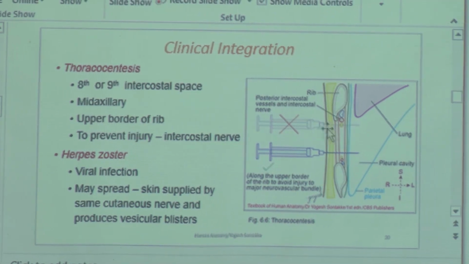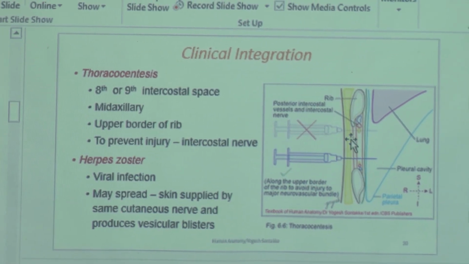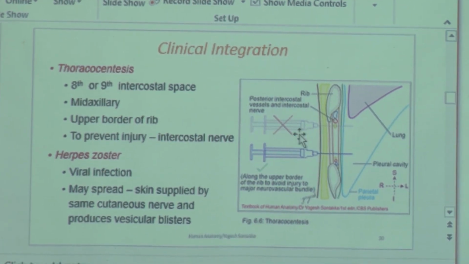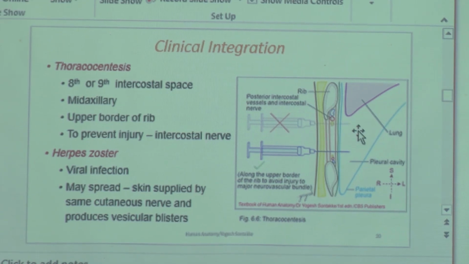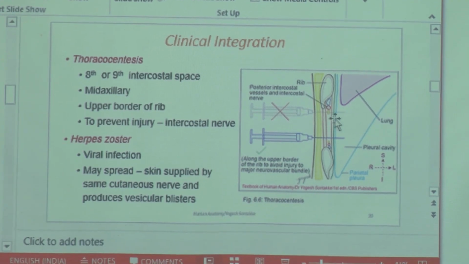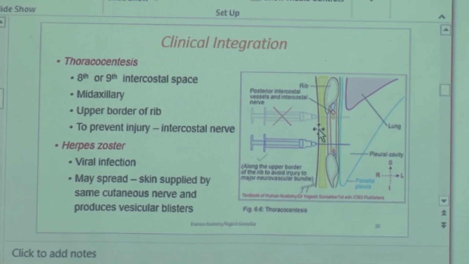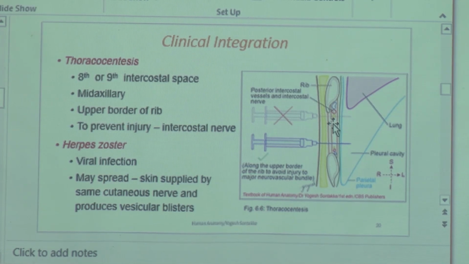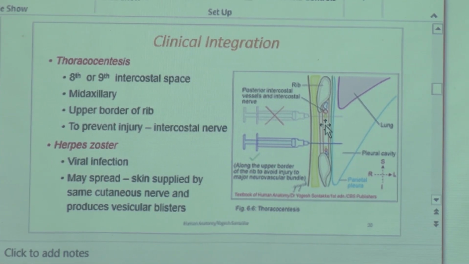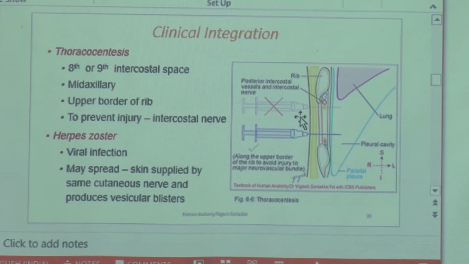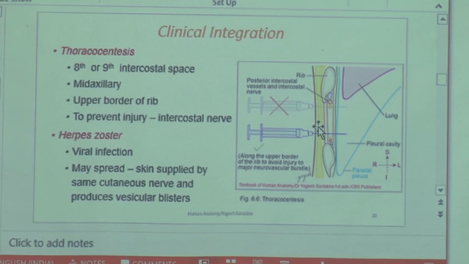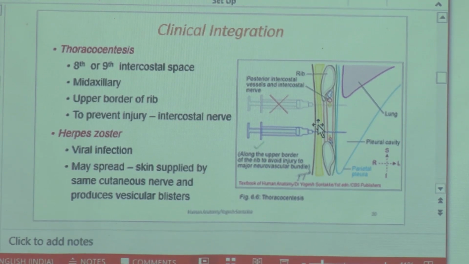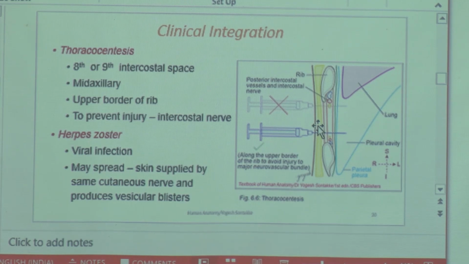So if I put the syringe through this area, it may damage this nerve, or during insertion the patient will feel excruciating pain because you are damaging the nerve.